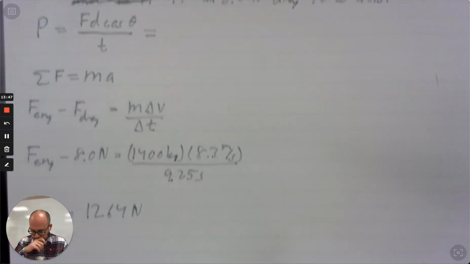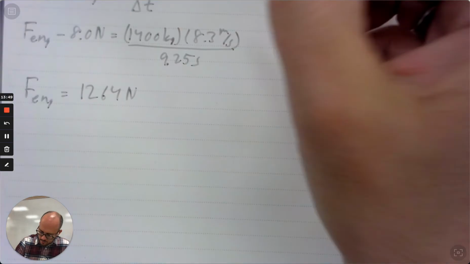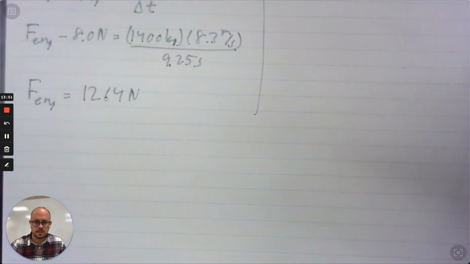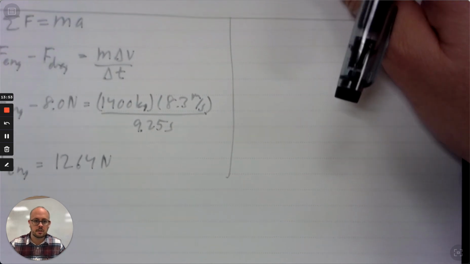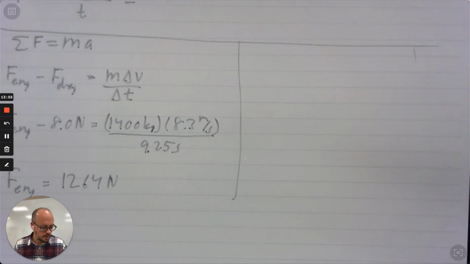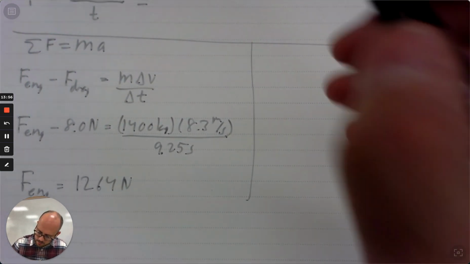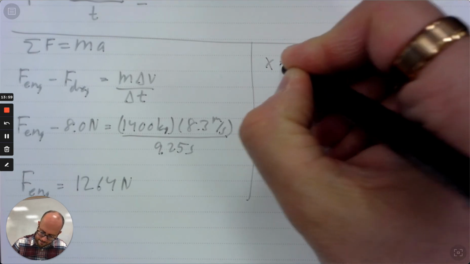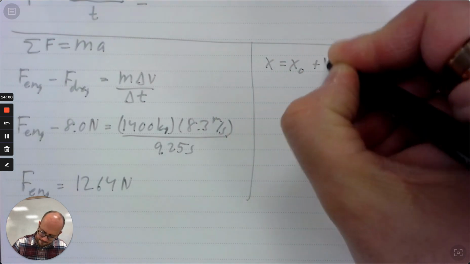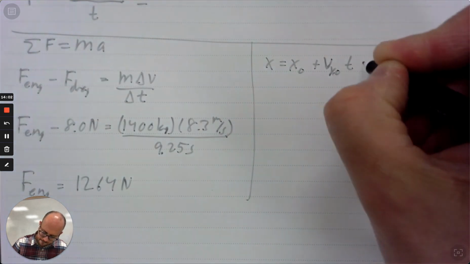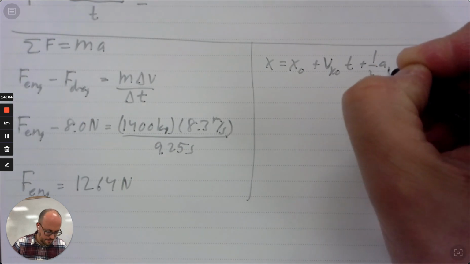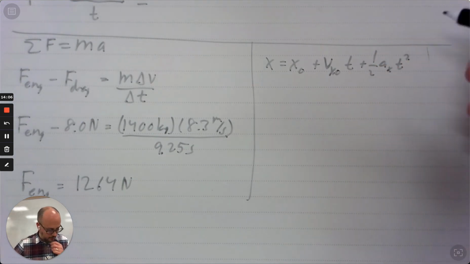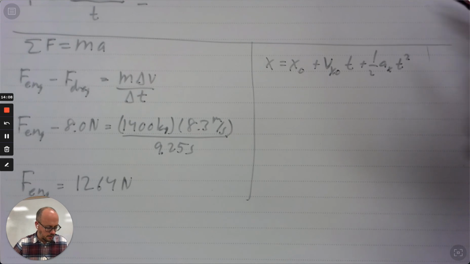Next is going to be finding D. Let me get that in the screen. There we go. To find D, I'm going to use this equation. I have to find something first to do this.